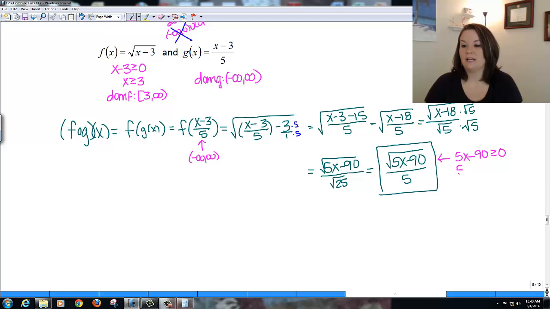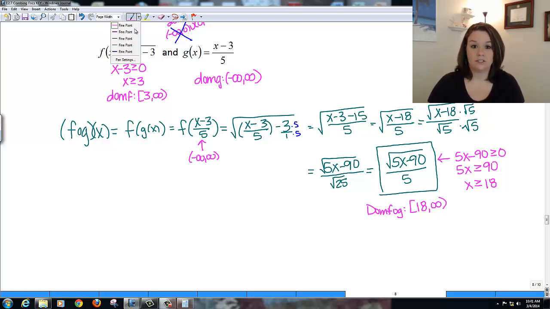So I move my 90 over, which means 5x has to be greater than or equal to positive 90, and then I divide off my 5, which tells me that x has to be greater than or equal to 18. Okay, so my new domain here, my domain of f composed with g, is going to be from 18 to infinity.